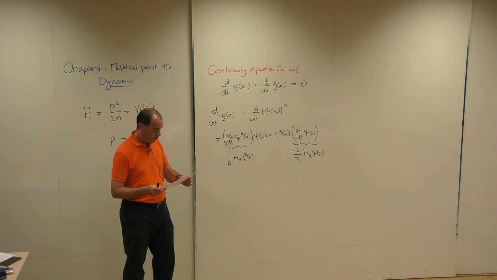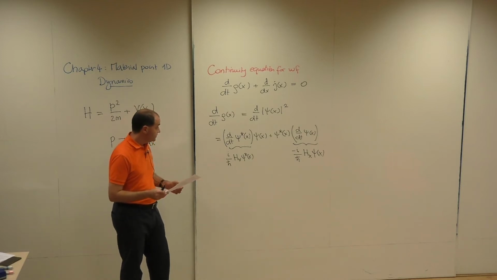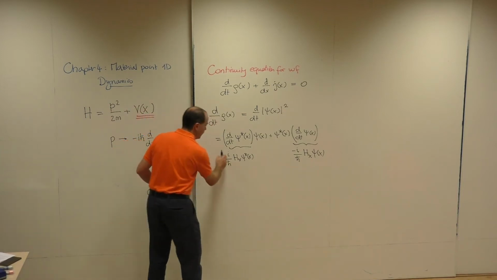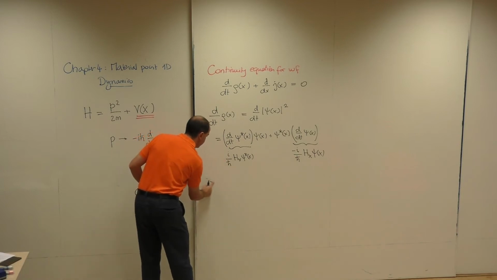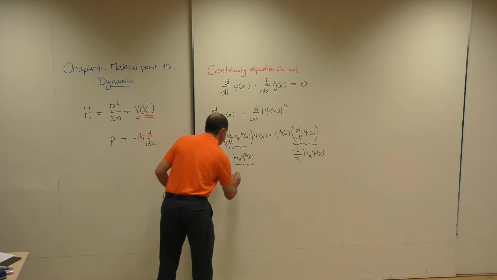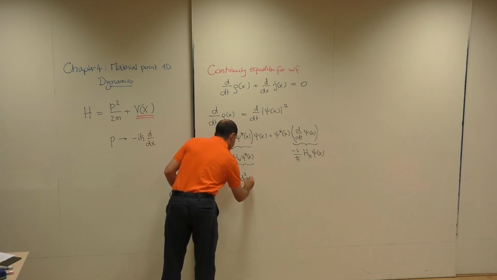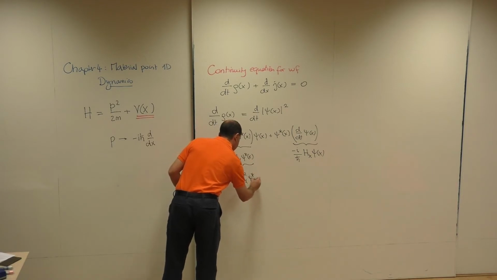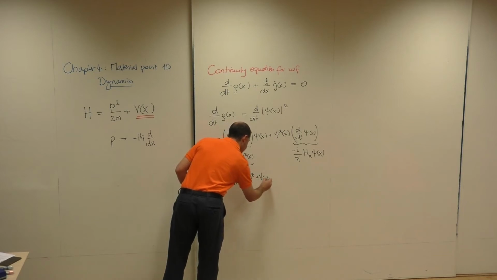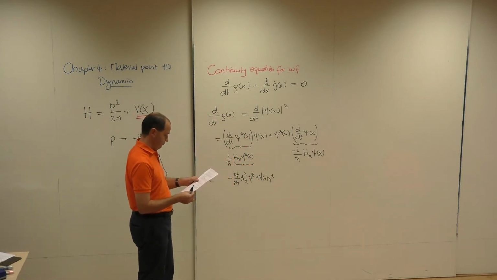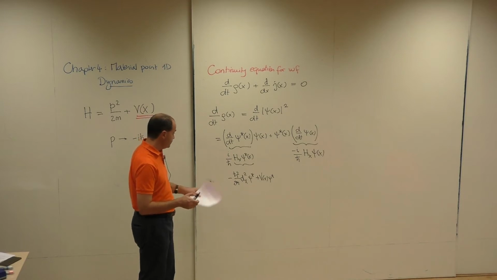Okay, so what do we have? Well, let's open it up. Let me just forget the i over h bar for a moment. So I will open up this guy. There is minus h bar squared over 2m d x squared psi star plus v of x psi star, correct?